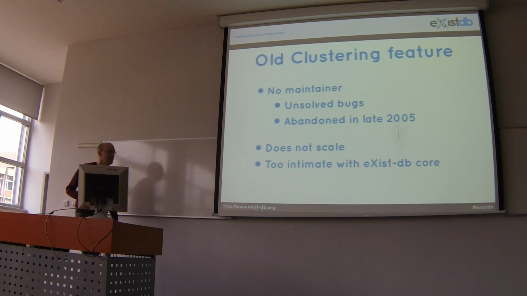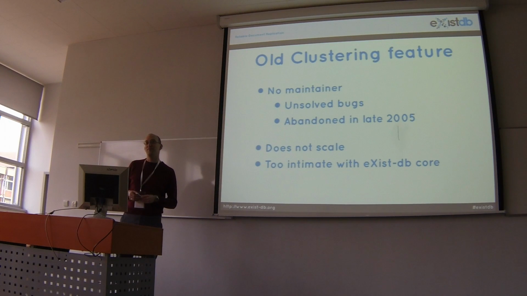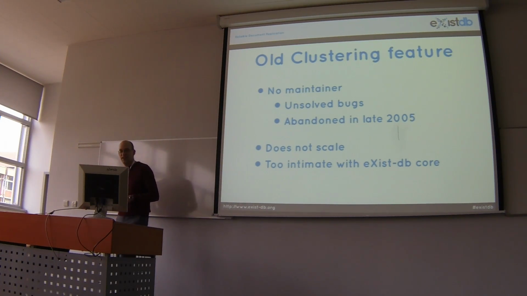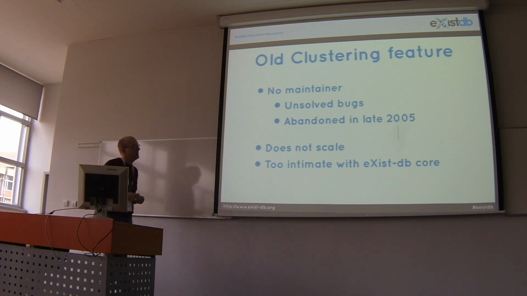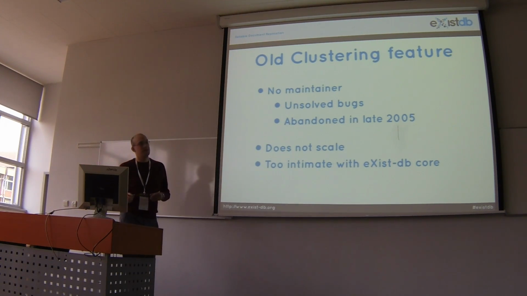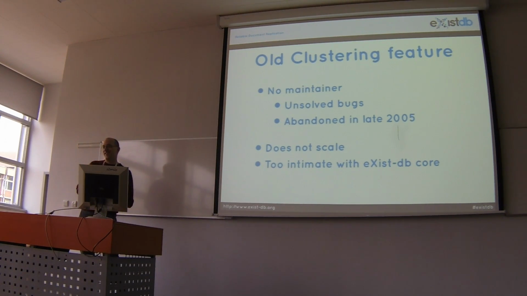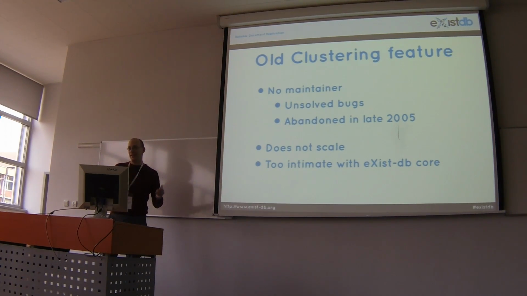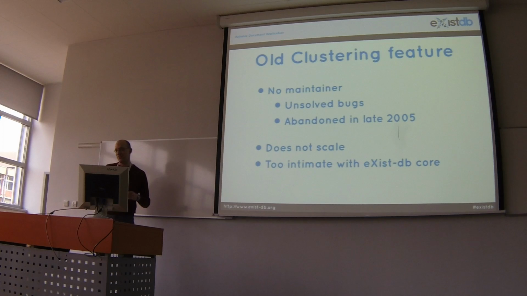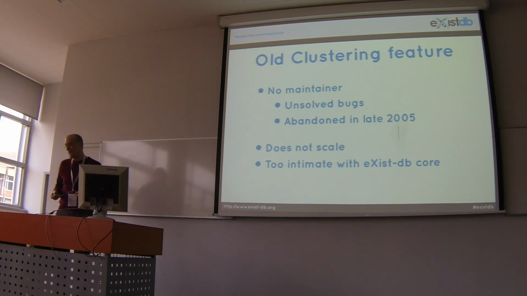It doesn't scale, and actually it was very intimate with the XSDB core. And every change in the core would mean changes in the clustering feature. Like Adam worked on the XMLDB stuff last week, the very core classes. You would have to spend lots of hours on there as well.